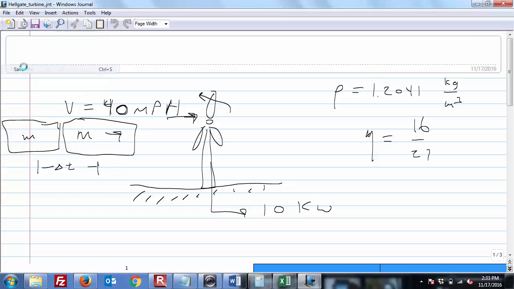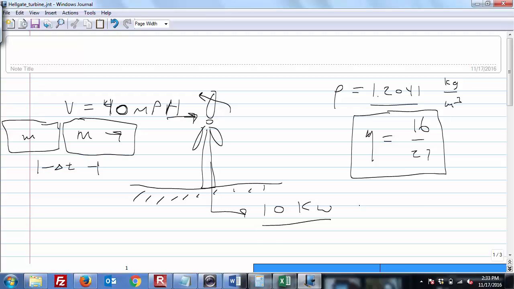Again, 40 miles per hour. We know that the density of the air is 1.204 kilograms per cubic meter. And we're operating at the Betz efficiency of 16/27. We also know that we have 10 kilowatts of power coming out. So the question is, what's the area of the blade?